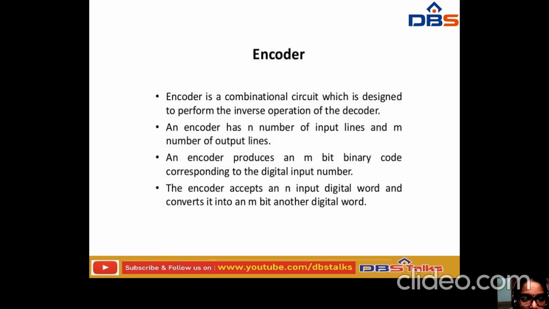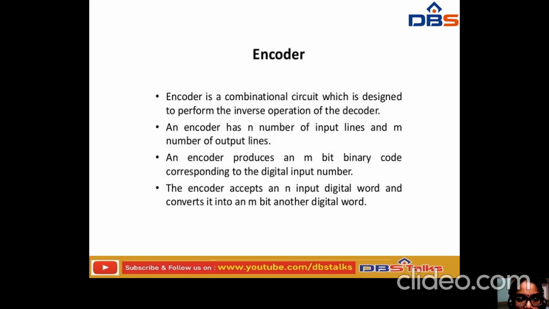Now let us see what the encoder is. An encoder is also a combinational circuit which is basically designed to perform the inverse operation of a decoder. What operations are performed by the decoder? The inverse of those is performed by the encoder. So an encoder has n input lines and m output lines.